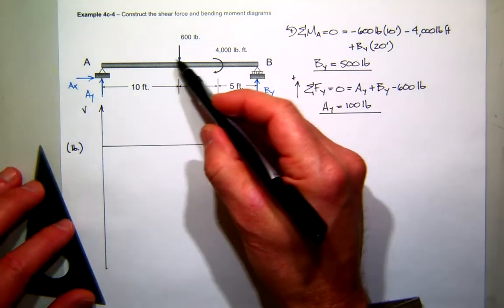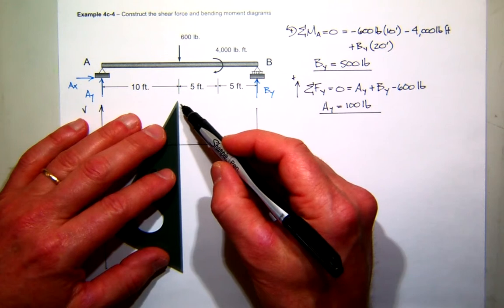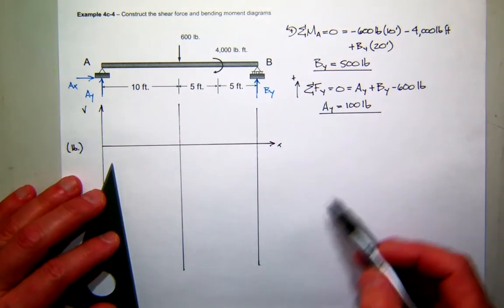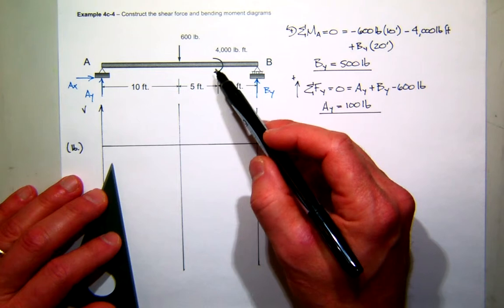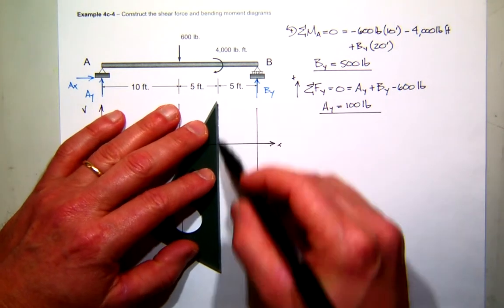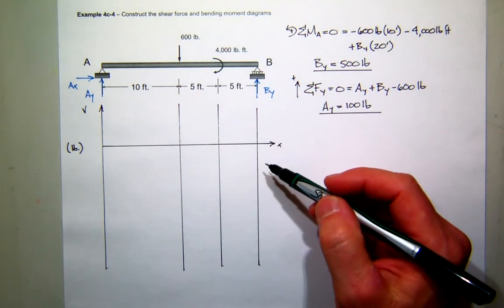I also know that as I go from left to right underneath this 600-pound force, something probably will change. And also I've got this applied moment. Probably something on my moment diagram will change there. So I'll add lines where I expect something to change on my diagram.